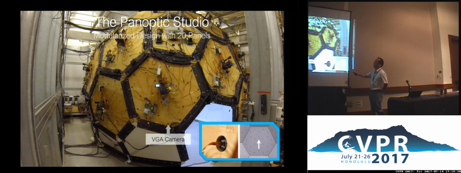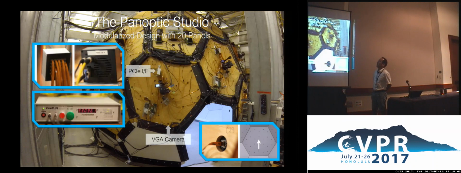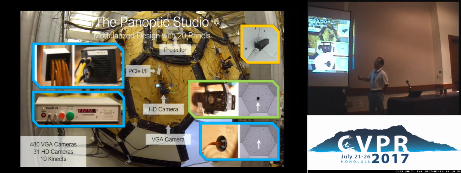So we have a VGA camera here, like this. One panel of the VGA cameras is connected to a unit with a PCI Express interface, and then they are controlled by a master clock generator. And also we have HD cameras and the projectors, and also Kinects. In total, we have 480 VGA cameras, 31 HD cameras and 10 Kinects.